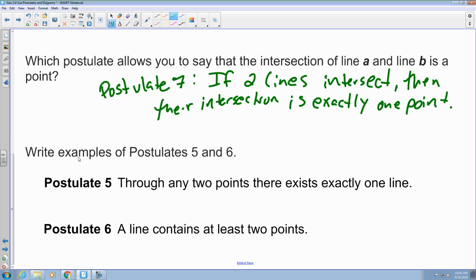Here it says write examples of postulate 5 and postulate 6. They have the definition here.